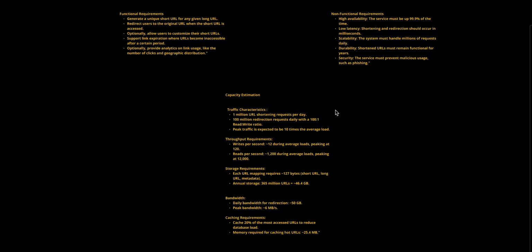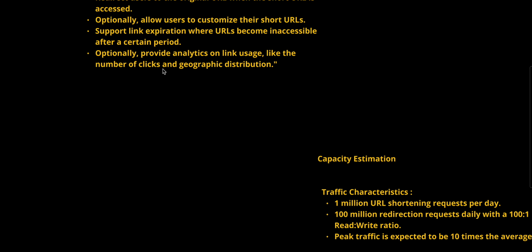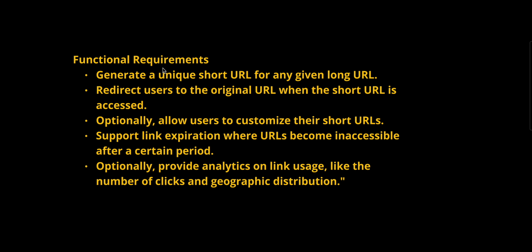to your interviewer. So, in order to gather the functional requirements, we need to generate a unique or short URL for any given long URL. It's a pretty simple thing. Second, we need to redirect users to the original URL when the short URL is accessed. Third, optionally, allow users to customize their short URLs, and we'll talk about that in the deep dive.